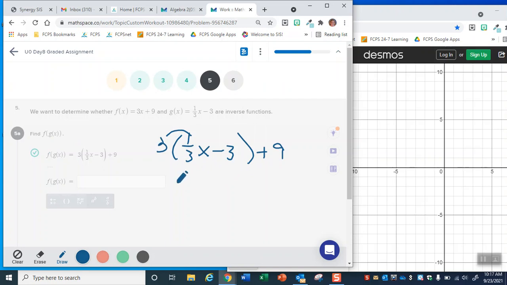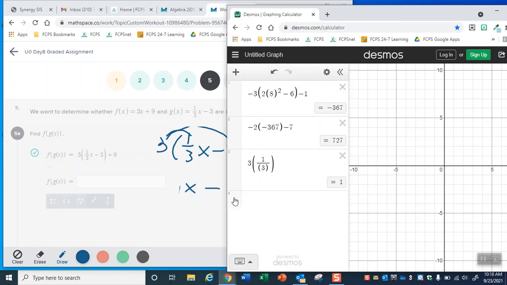All right, so this gives me 1x, which is just x. So I'm going to leave off the 1, and I'll just say that's x. And then now I've got to distribute the 3 times the negative 3. So 3 times negative 3, I'll type that into Desmos, and I get that's negative 9.